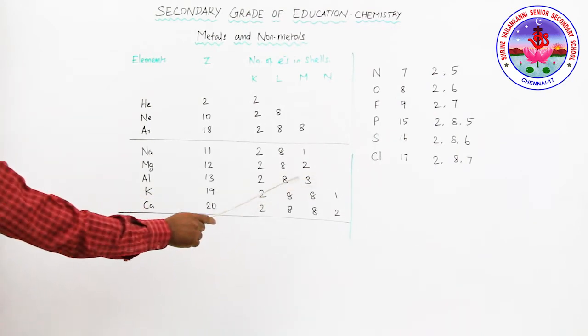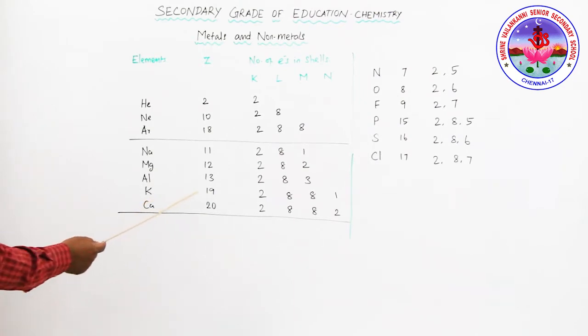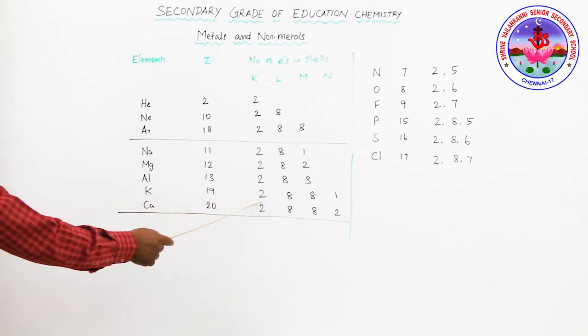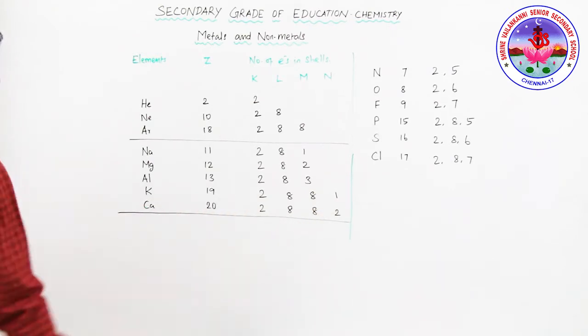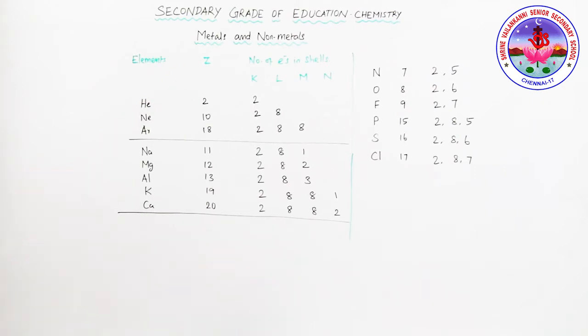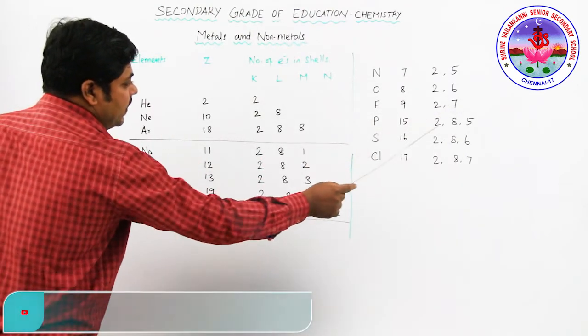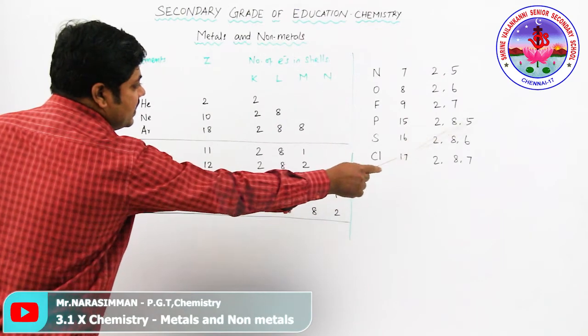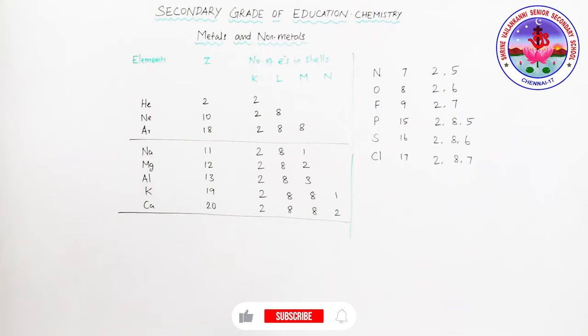Look at potassium, atomic number 19; the valence electron here is also 1. Calcium has 2. So these are the metals. Then the non-metals: nitrogen has 5 valence electrons, oxygen 6, fluorine 7, phosphorus with atomic number 15 has 5, sulfur 6, and chlorine 7. This is the valence electron.